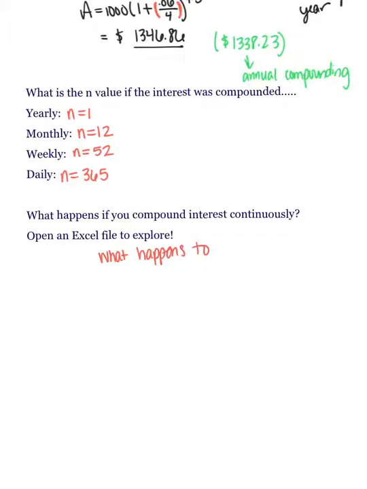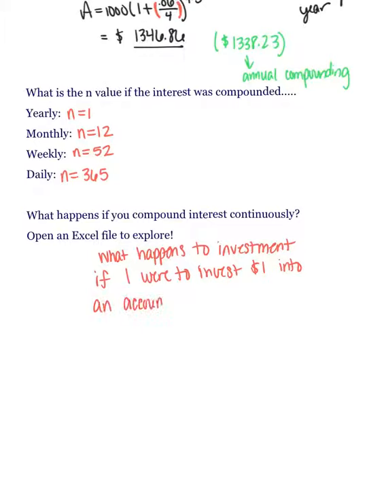What happens to my investment if, let's say, I were to invest $1 into an account that pays 100% interest for 1 year?